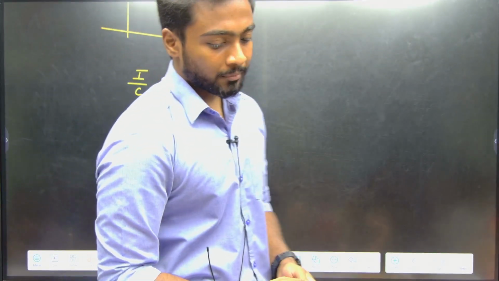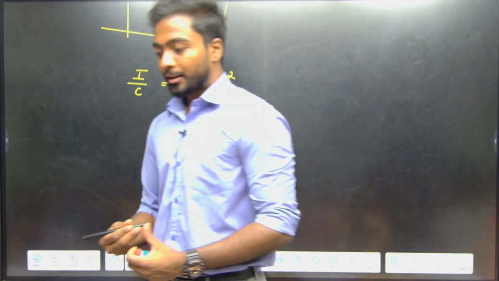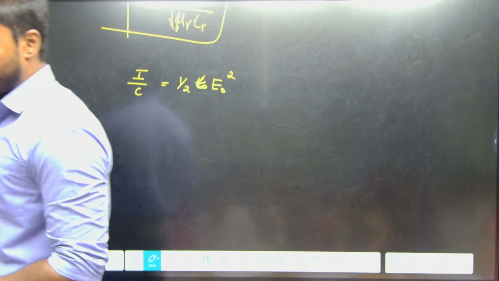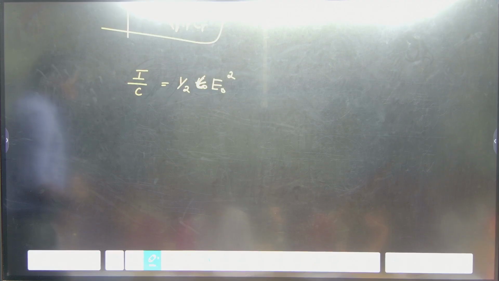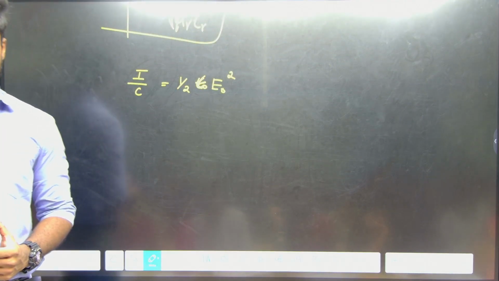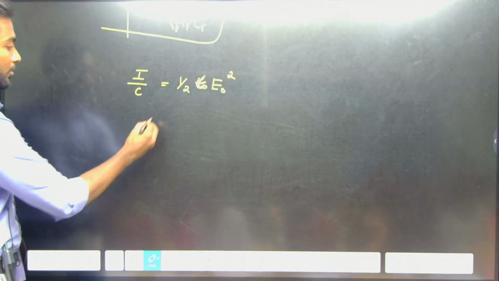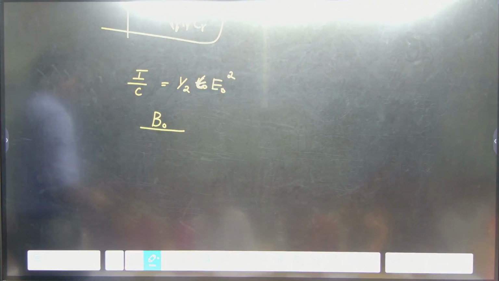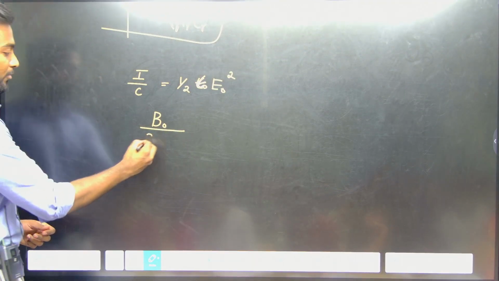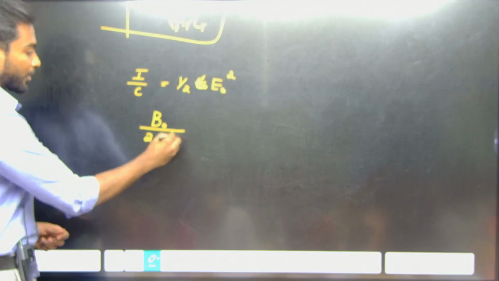The next formula, average magnetic energy is equal to B naught square by 2 mu naught.